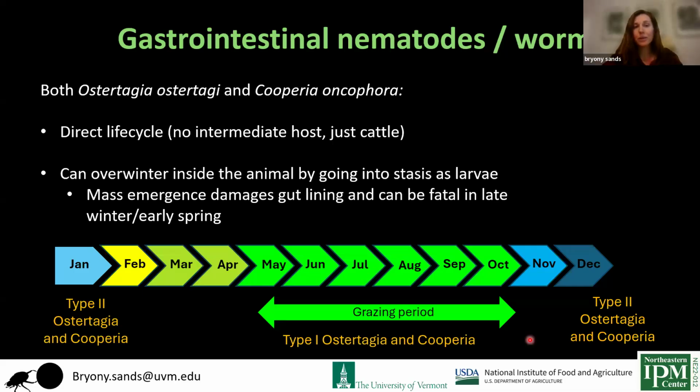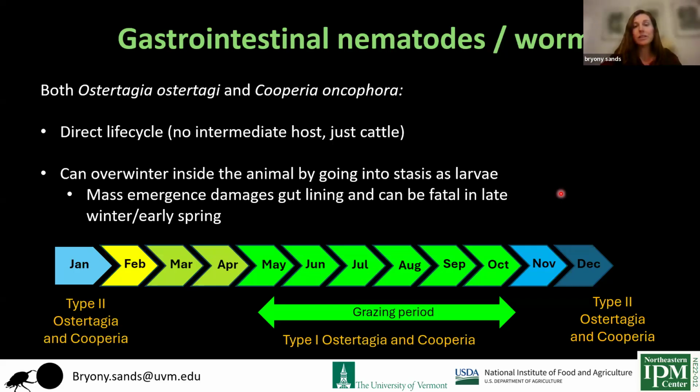Another thing to note, however, is that both of those types of worms can overwinter inside the animal. They will go into stasis as larvae inside the gastric lining, for example, of the cow. And then they can have a massive emergence from the gut lining, and this can be very damaging and it can be fatal.